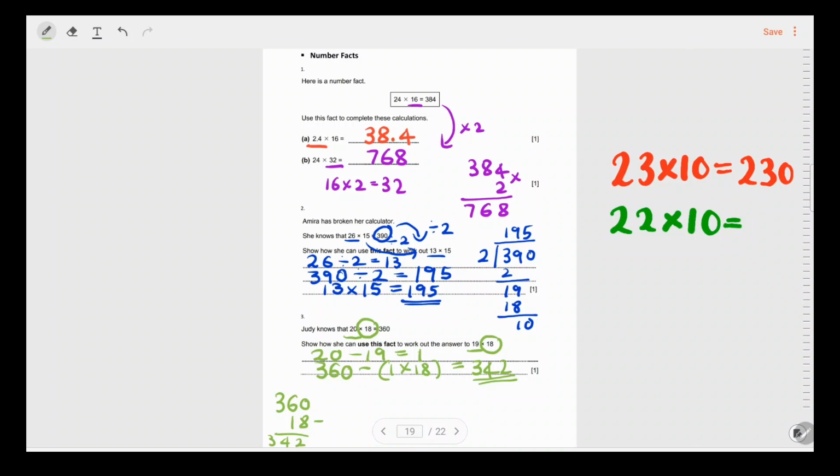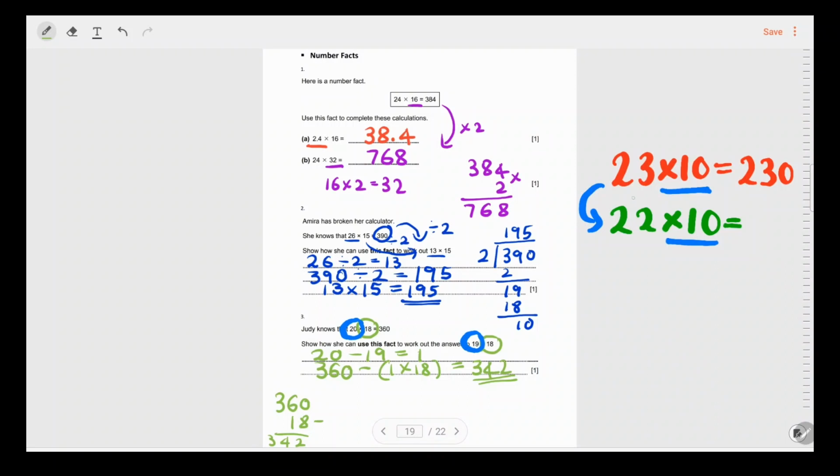But looking at the number fact, these are both times 10, but the difference is in one times table. Right, here it's 23 times, whereas here it's 22 times. Just like here it was 20 times 18, and here it is 19 times 18.